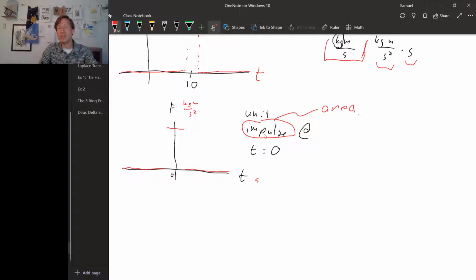To have a unit impulse, that is 1 unit of impulse, we need an area under this graph of 1. How high this force is depends on how wide this interval is. The narrower this interval is, the taller the graph has to be to give you 1 unit of area.